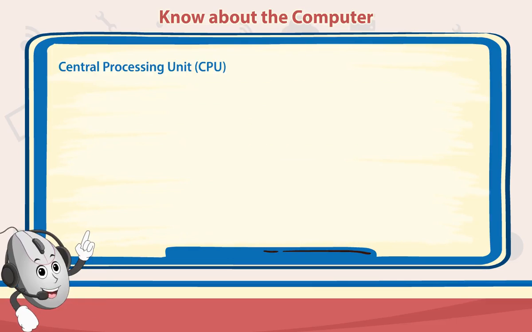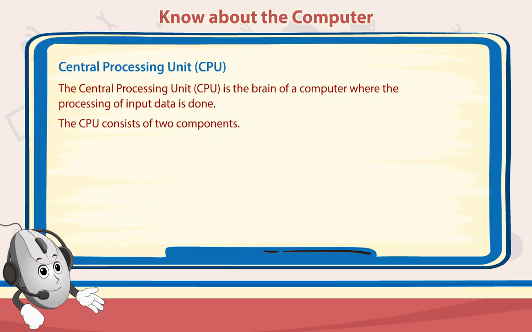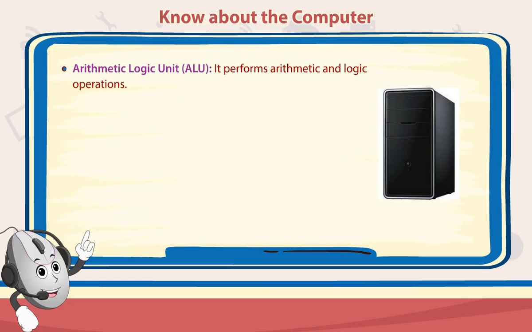Central Processing Unit (CPU). The Central Processing Unit (CPU) is the brain of a computer, where the processing of input data is done. The CPU consists of two components. Arithmetic Logic Unit (ALU).